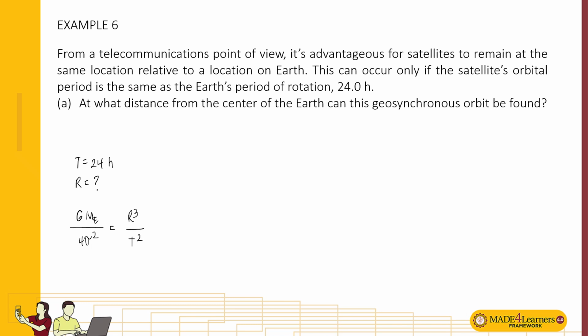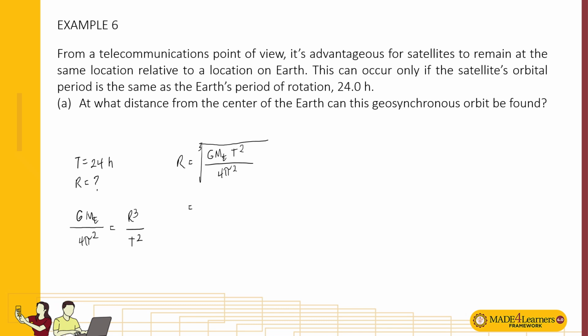Solving for R, that's basically multiplying these two and then dividing by 4 pi squared, it's equal to R cubed. Meaning R is the cube root of G times the mass of the Earth times T squared over 4 pi squared.